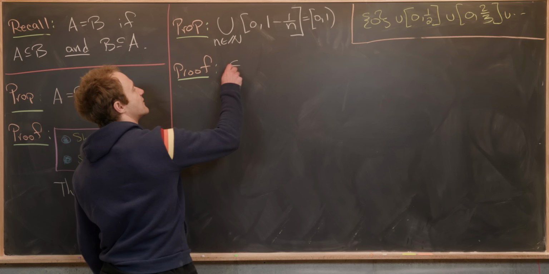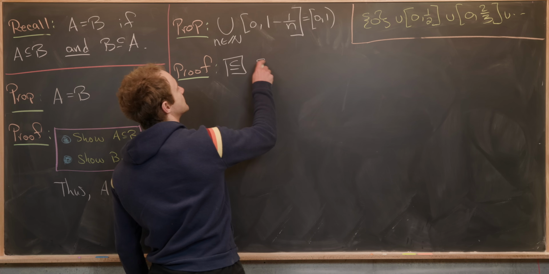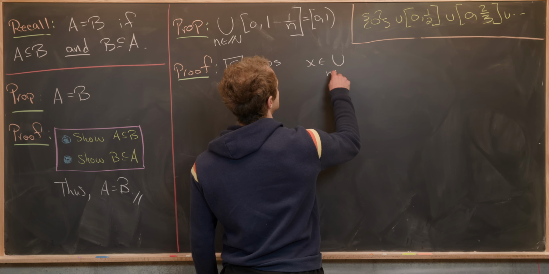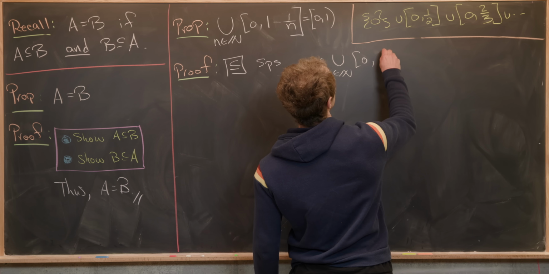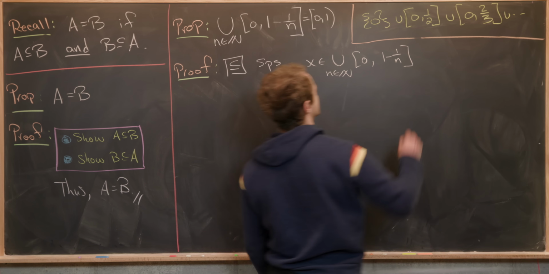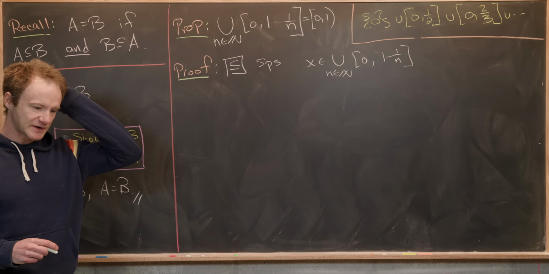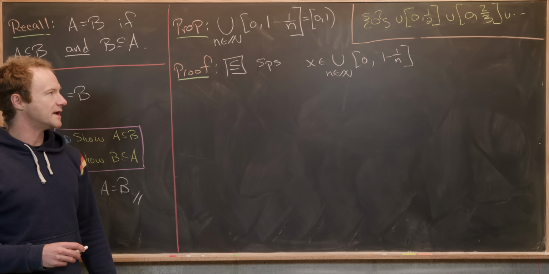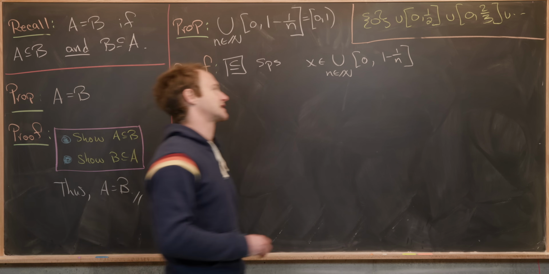So we'll start off by showing our containment in this direction. So let's go ahead and suppose that x is in the union over all natural numbers of [0, 1 minus 1 over n]. Okay, so being in the union, especially an indexed union, means that there exists one set from that indexed union that contains this element x.